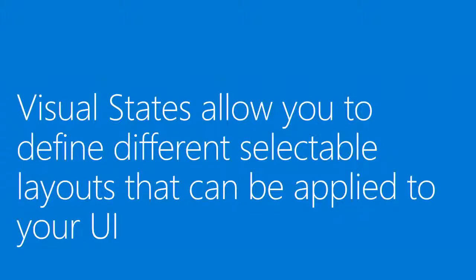So in other words, it allows you to have a block of XAML that's dependent on a certain state of your app, and then this block of XAML does something. So, as we saw before in the Mail app, that means that you can have panels that are collapsing or hiding or minimizing or changing shape entirely.